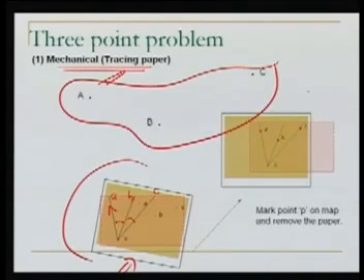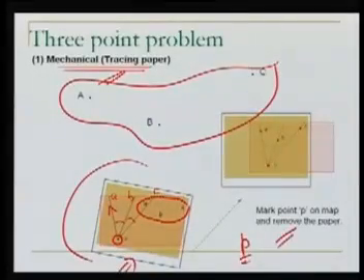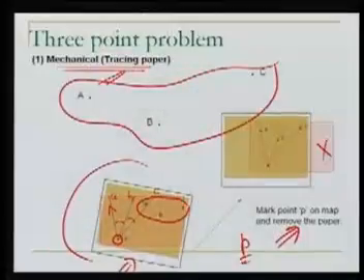Well, what we have realized now, this point P with reference to this A, B, C, where should it be? It should be at this point. Now, what we will do, this point small p is still marked on the tracing paper. So we will prick this point down on the sheet. So by pricking it, we will mark that point on the sheet and we will remove the tracing paper. So what have we got at this moment?